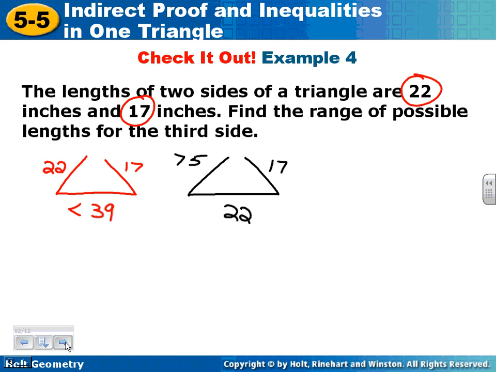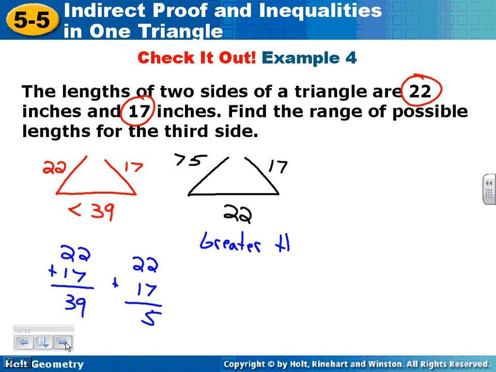So here's a trick. If you take your two numbers, 22 plus 17, that's 39. Take the same two numbers, 22 and 17, and the difference is 5. It's always, here's the trick, greater than the difference. Oops, I made a mistake here.